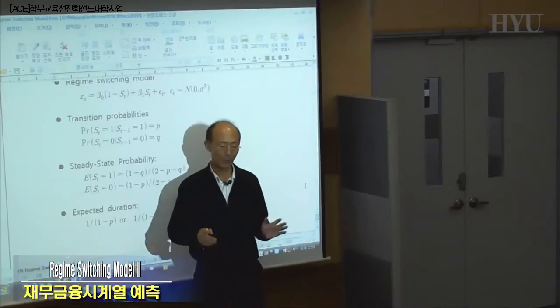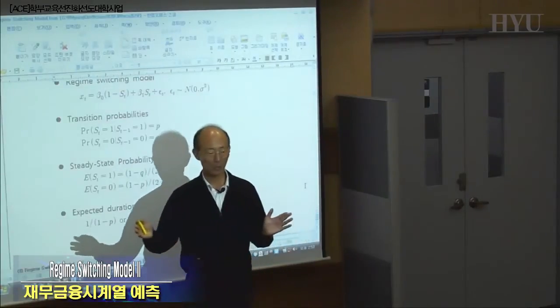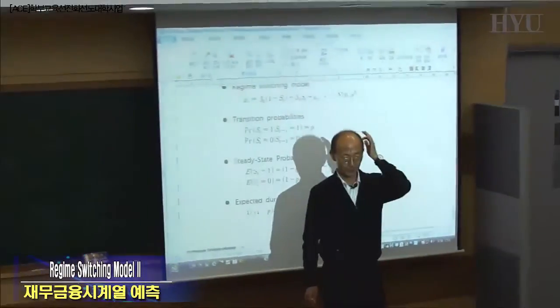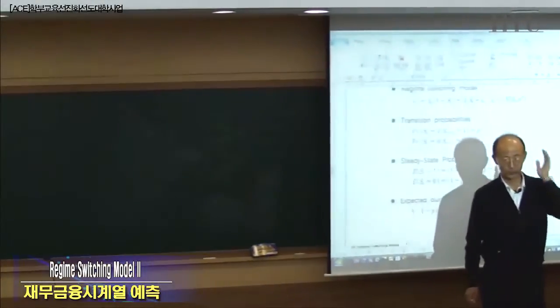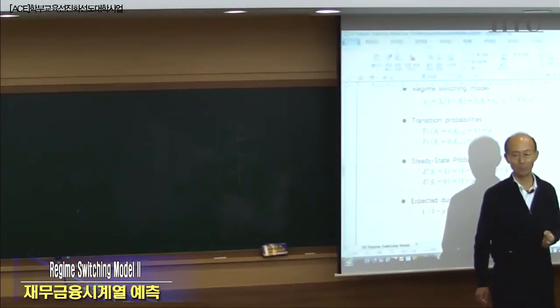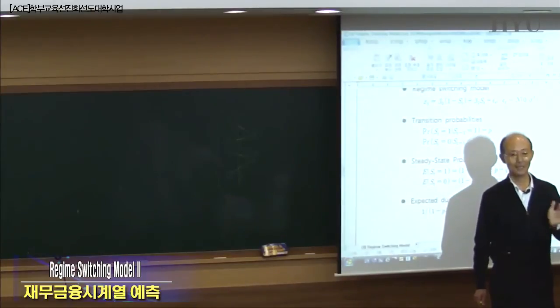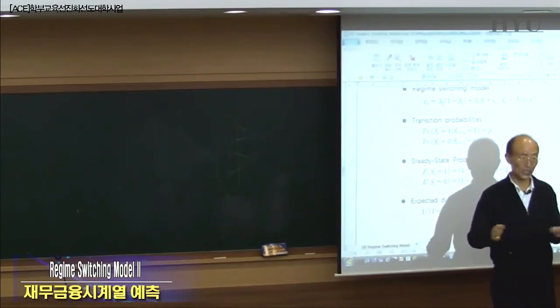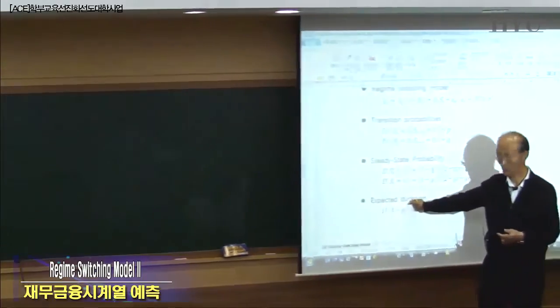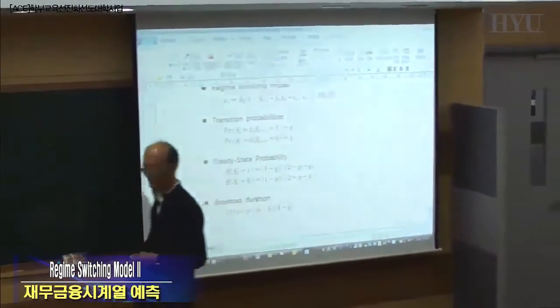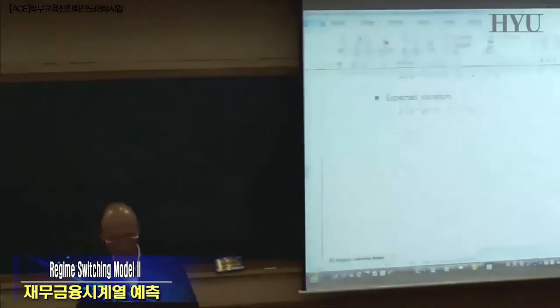So when you have quarterly data, you can calculate, let's say, the duration is 3.5. So 3 quarters and 1.5 months when you are in recession. That kind of statement can be made using this one. Okay.